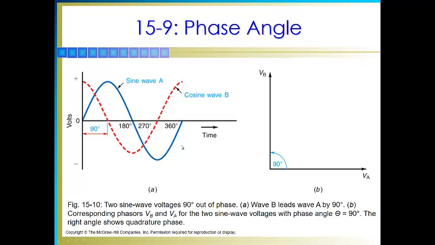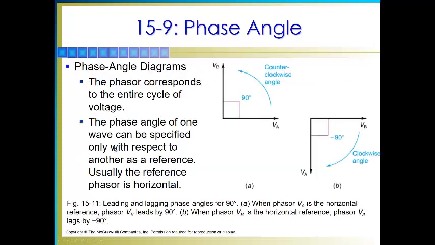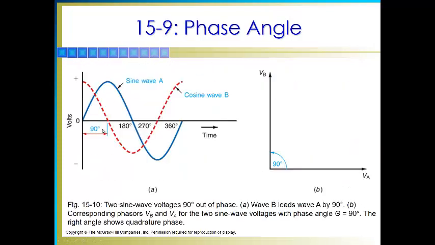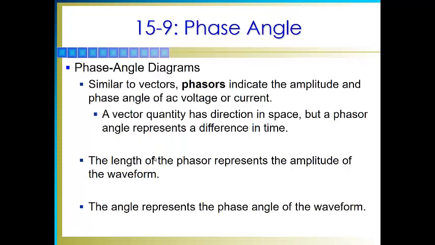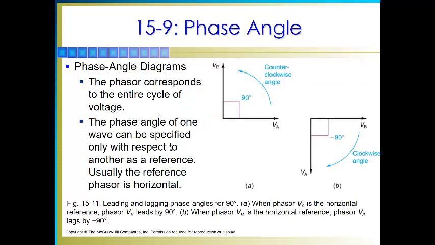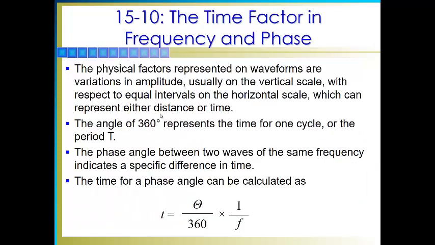That is the time factor, and that is calculated by dividing the actual angle, the 90 degrees, by the whole cycle, which is 360 degrees, and that will give you what fraction of the whole cycle that 90 degrees represents. Once you get that fraction, you just multiply that times the period, and that will give you the time factor of this phase angle.